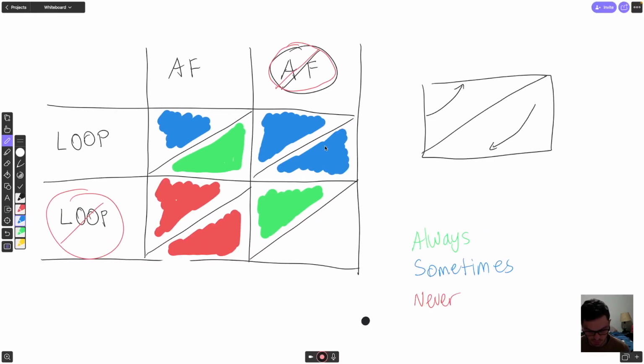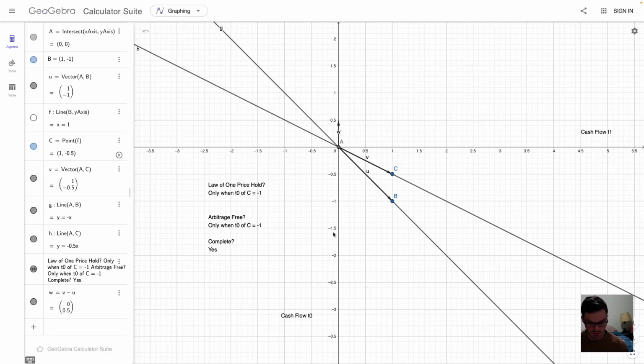So basically what we want to do is find an example of both. Arbitrage free is not holding, therefore there's an arbitrage. We want to find an example of the law of one price holding and the law of one price not holding. So if this one's a sometimes, we know this is also a sometimes, and we'll see an example of both. Okie doke. So let's go. This is one good example, right?